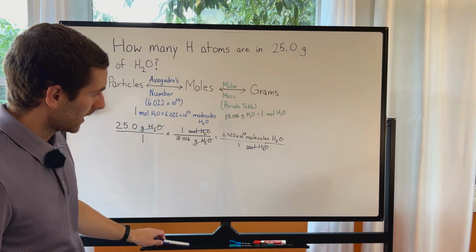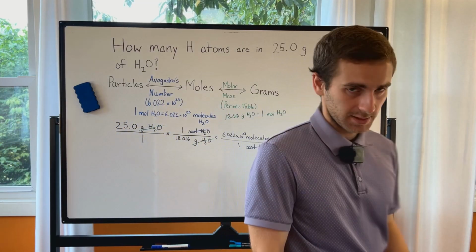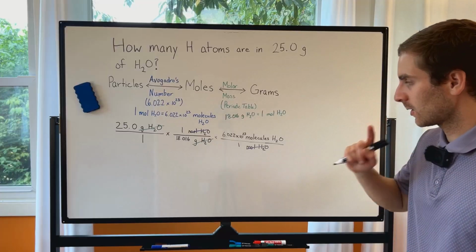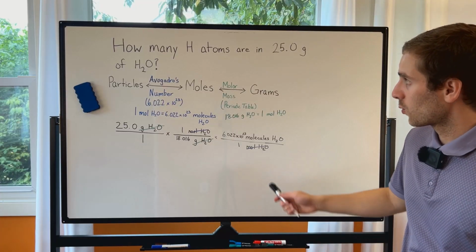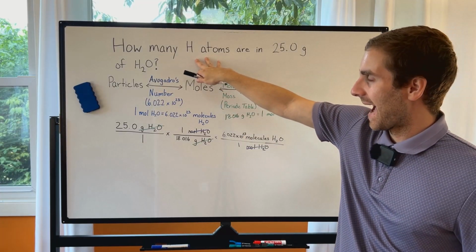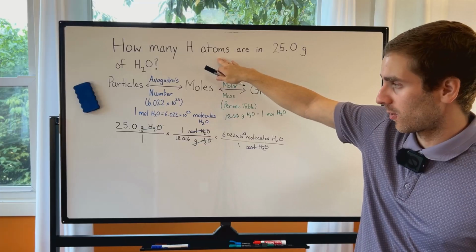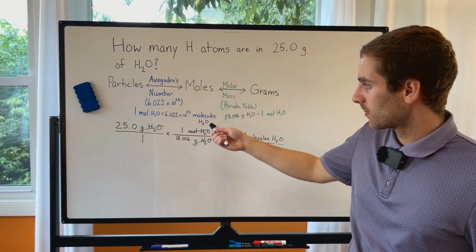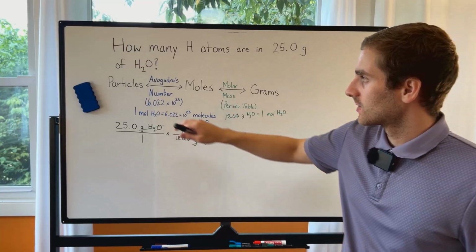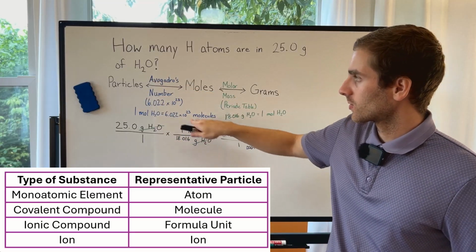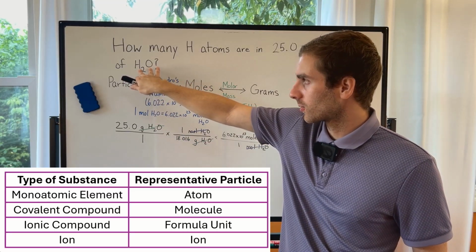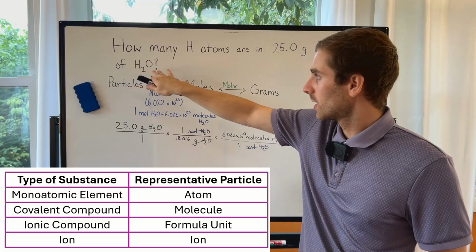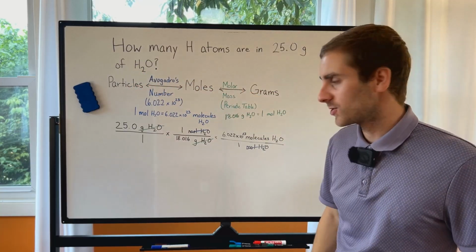Now, in a lot of problems like this, you would be done at this point. However, here we're not quite done because again, we are looking for the hydrogen atoms, which is a type of particle, but it's not the particle that we got here. Because we had moles of H2O, we're going to get how many H2O particles we have, which are called molecules. That is not the same thing as how many hydrogen atoms.